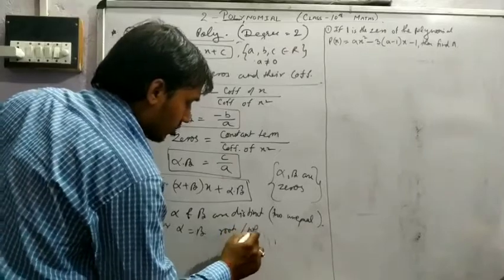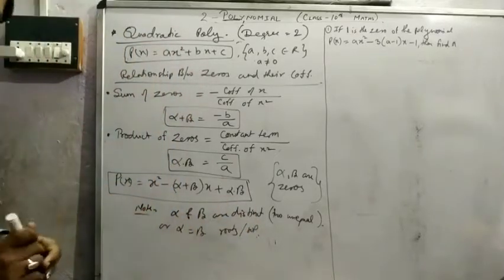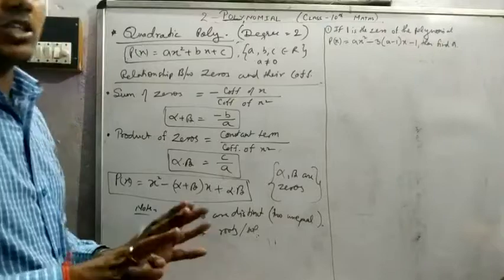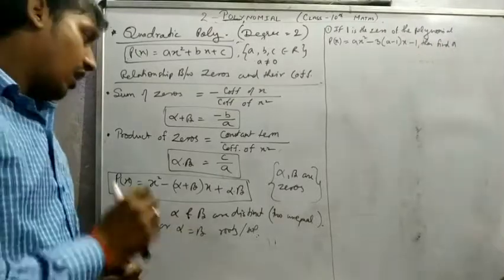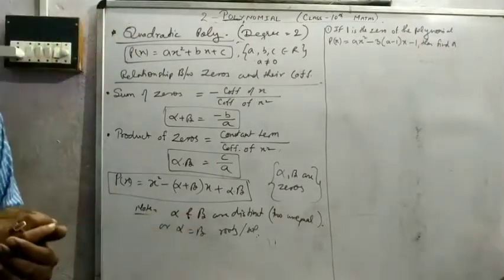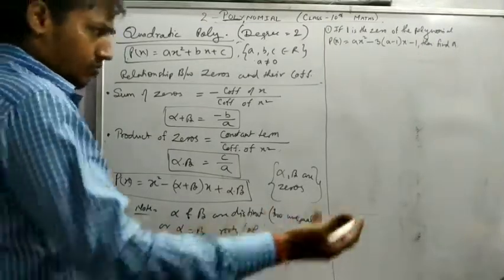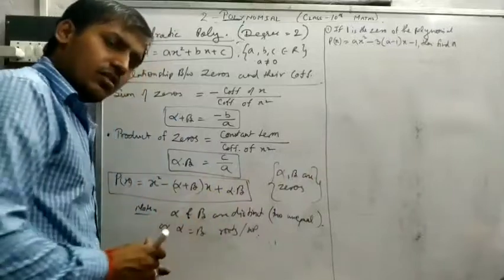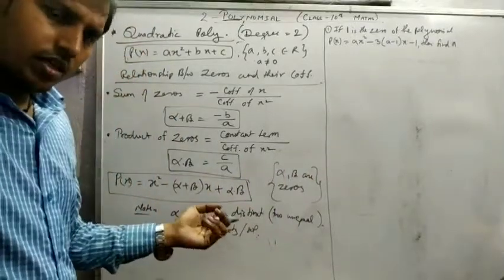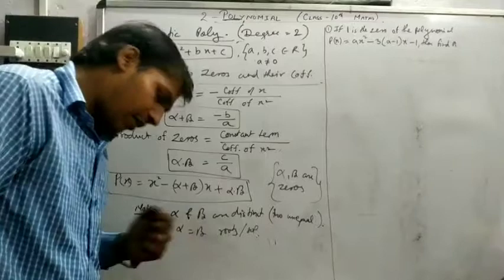Either alpha and beta are equal, or alpha and beta are two different values. Both types of solution are possible. In the previous example, alpha and beta were different. You may ask, sir, how is it possible that alpha and beta are equal?